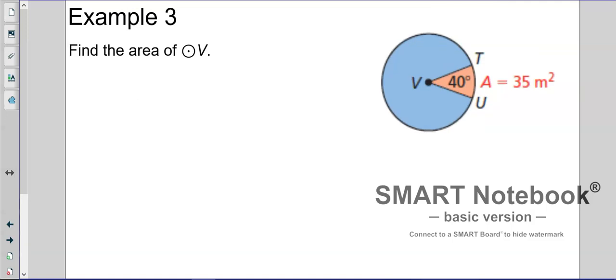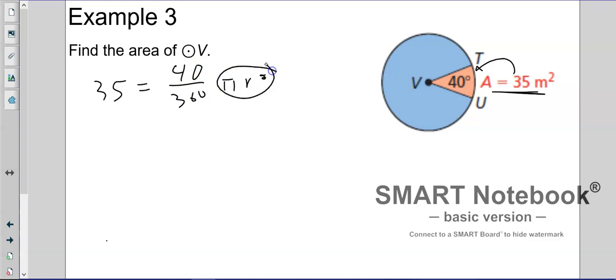All right. Moving on. Find the area of circle V. So this one's a little bit different. This is the area of this sector. So we know the area of the sector already. So we put that on this side of the equation. And then we have 40 divided by 360 times pi r squared. But remember, this is the area of the circle. So if we just solve this, we'll be there.